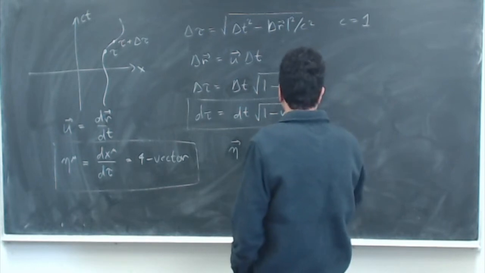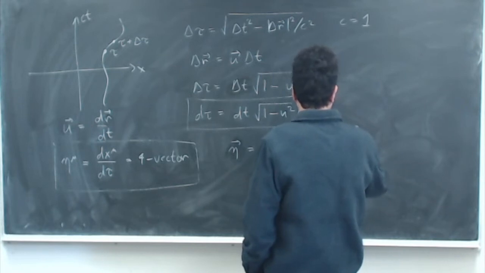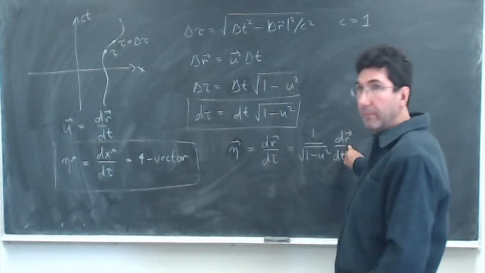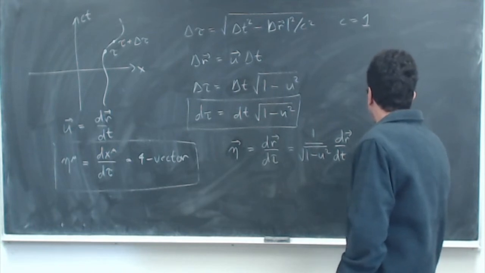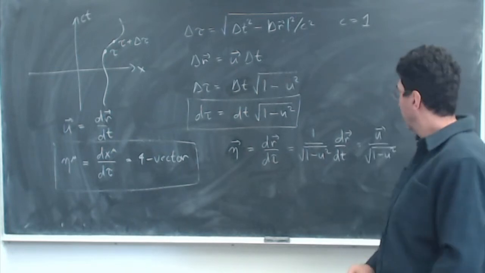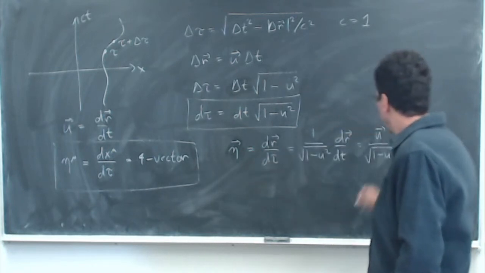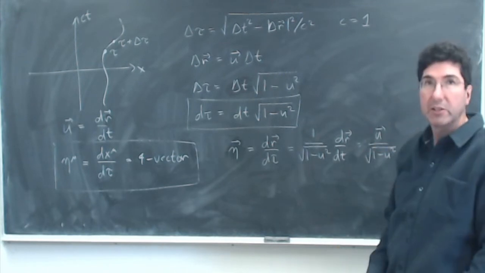So this is square root of 1 minus u squared, d by dt of r, and that in turn is just u over square root 1 minus u squared.